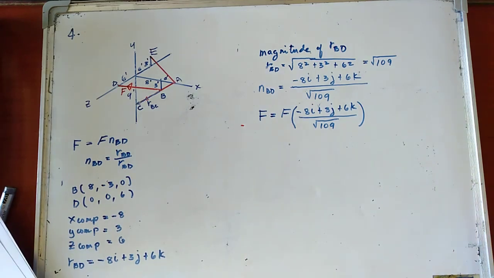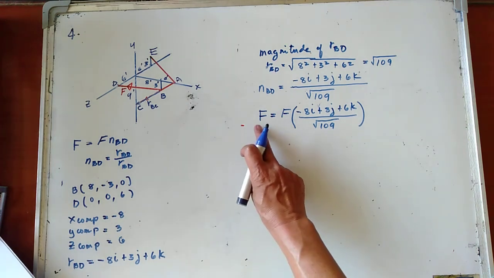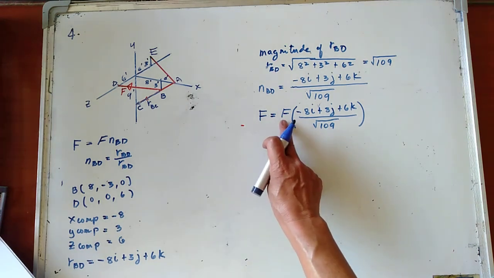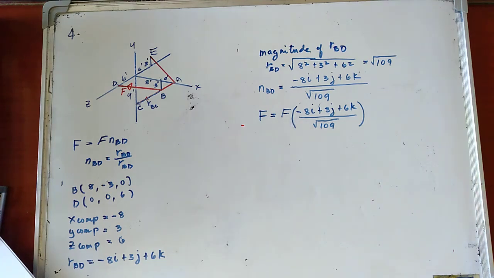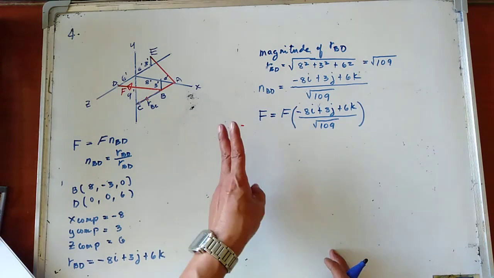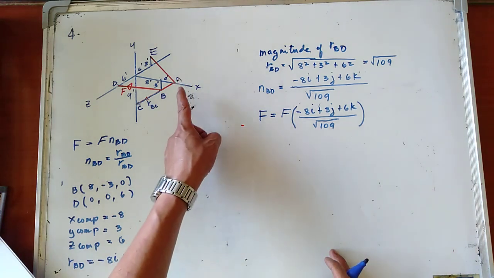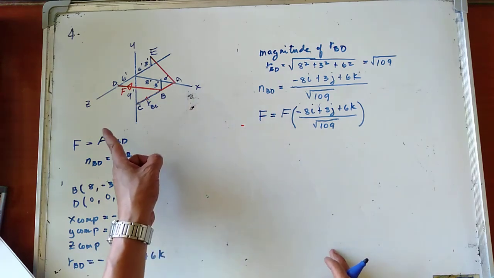Now, we are required to determine the magnitude of this vector F. So how are we going to determine it? We know the component of this vector in the direction of ABC.